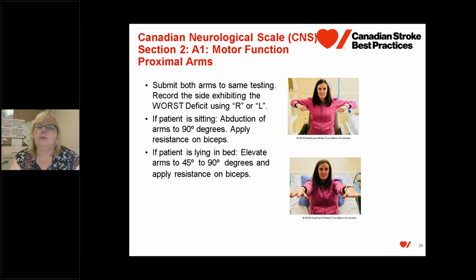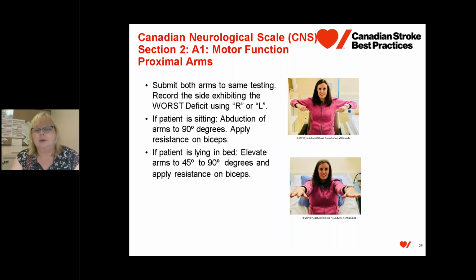Next, we move on to proximal arm motor function assessment. There are two ways that we can evaluate the motor function of the proximal arms. The first is if the patient is sitting in a chair, we would ask them to abduct their arms to 90 degrees, and we would apply resistance to the biceps.